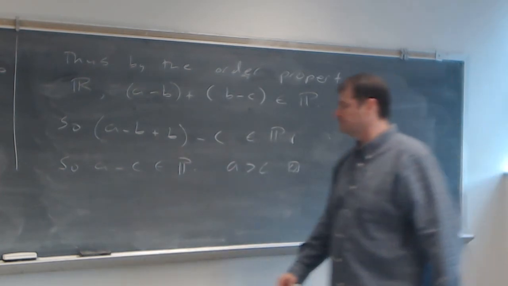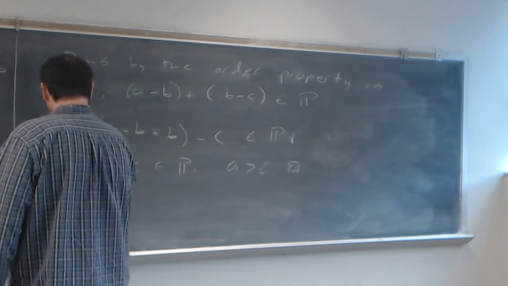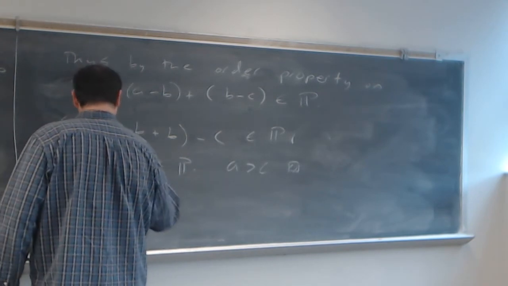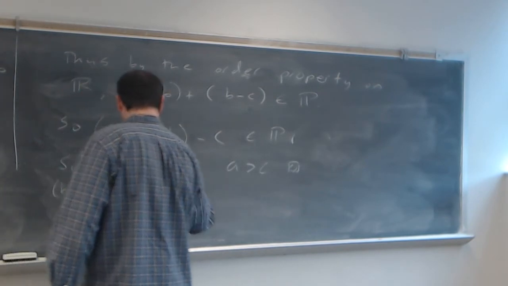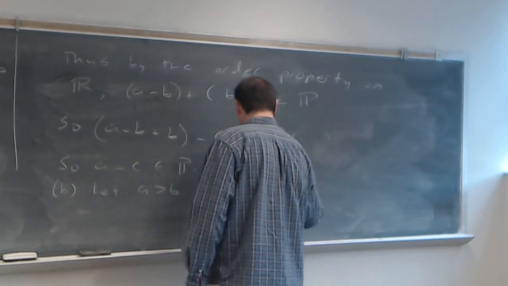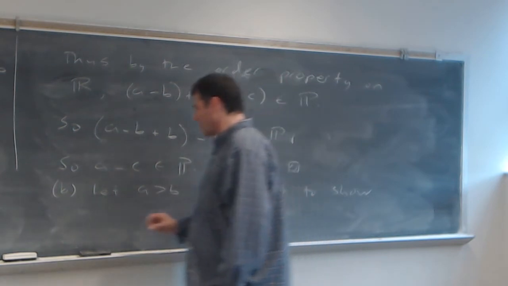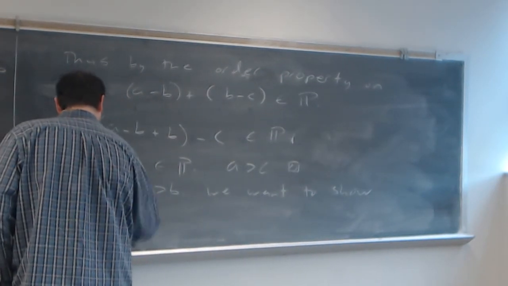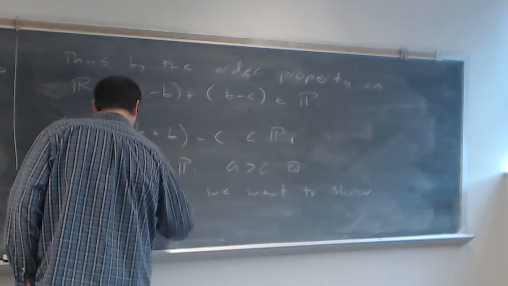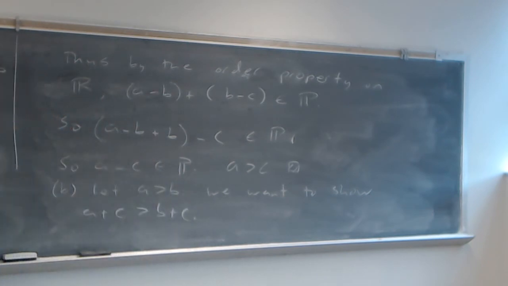What was part B? So part B, we're going to let A be greater than B. We want to show, no matter what C is, that A plus C is greater than B plus C. That's what we want to show. How am I going to show that A plus C is greater than B plus C?